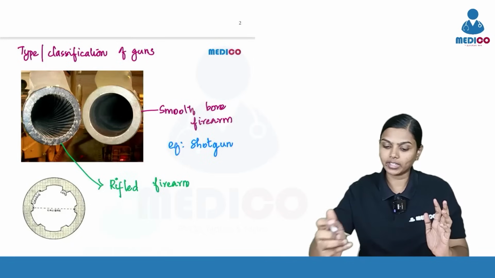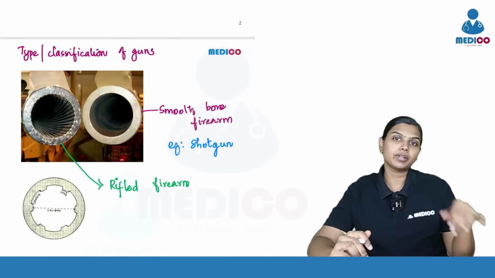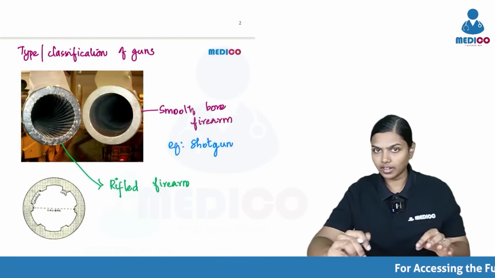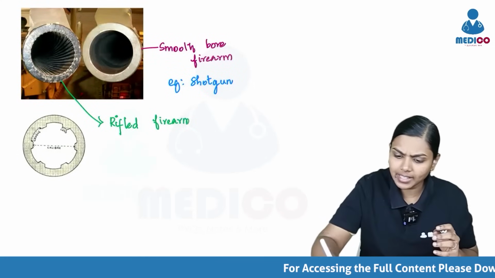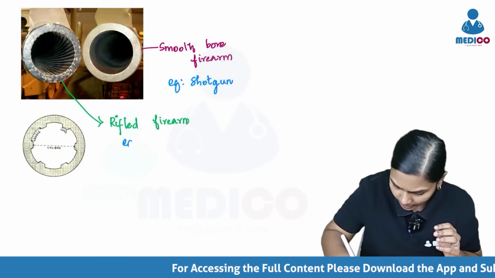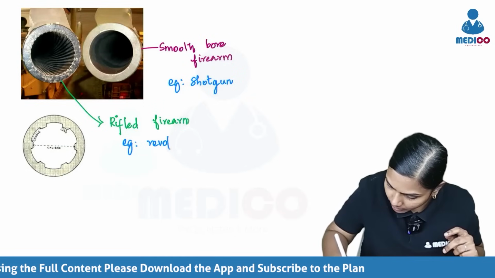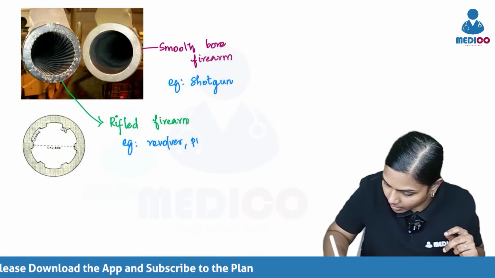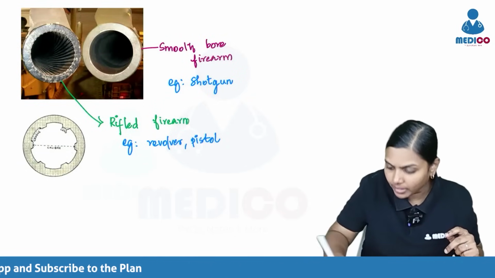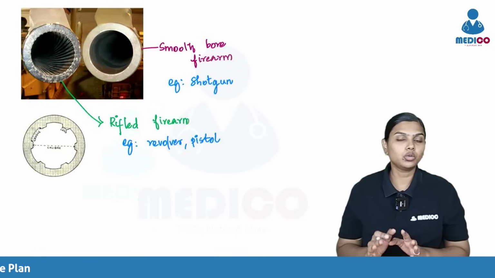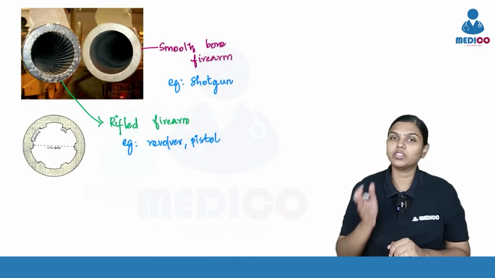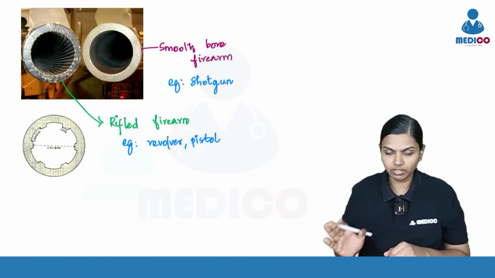Example is your shotgun. And if rifling is present inside the bore, it is known as a rifled firearm. An example is everything else, all the modern guns we know, your revolver, pistol. These are the two broad classifications: smooth bore and rifled firearms.